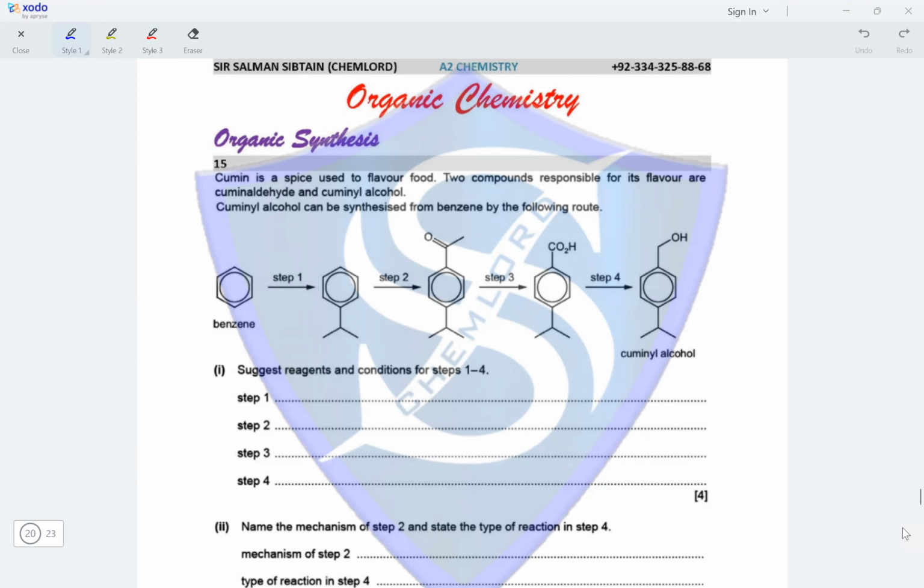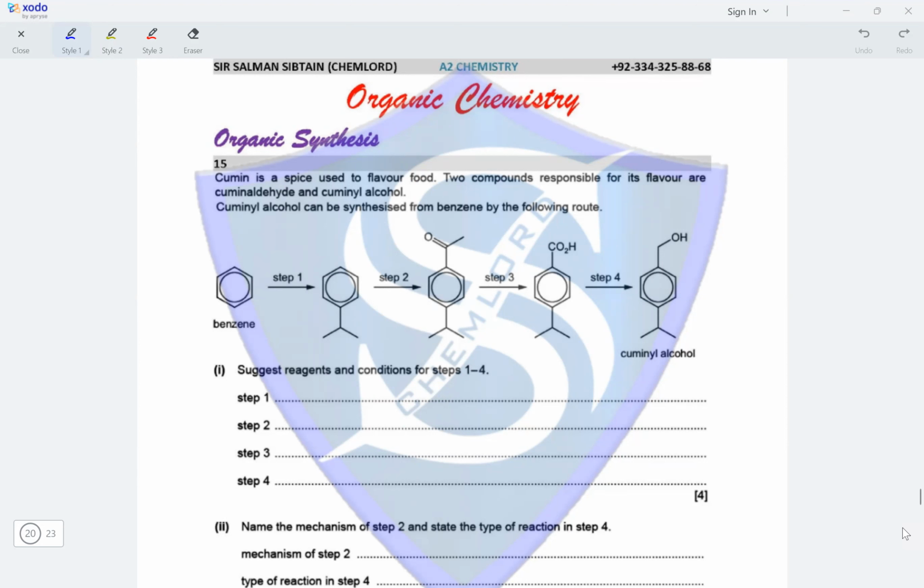Alkaline aqueous iodine would react with the ketone. And then we would have the formation of cuminyl alcohol.